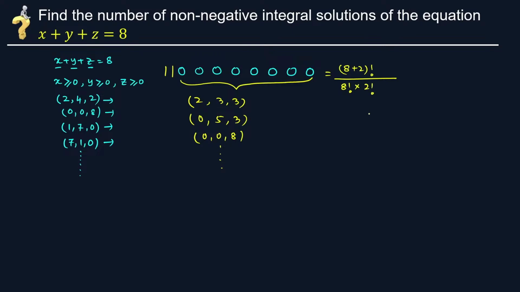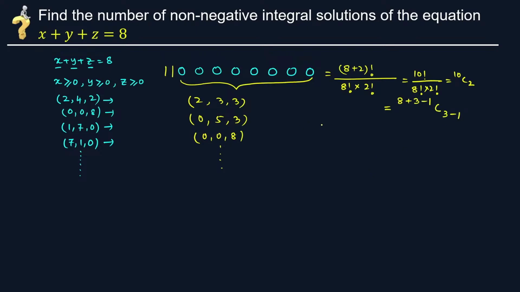So that gives us 10!/(8! 2!), which is the same as 10C2, which can also be written as (8+3-1)C(3-1).